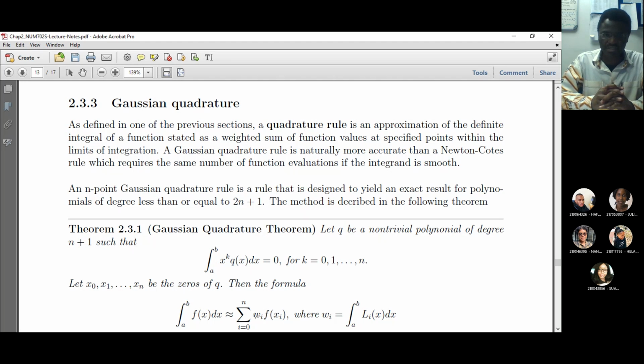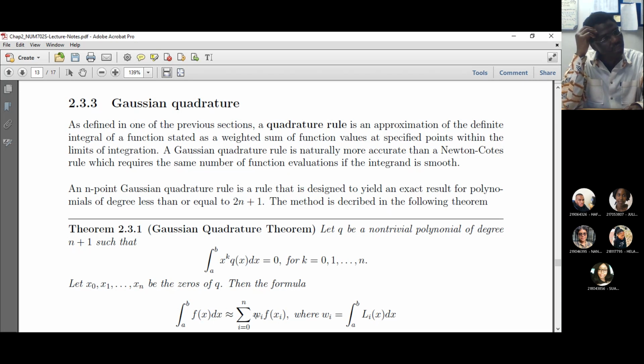What else from there? Then the recursive trapezoidal rule. In the recursive trapezoidal rule, we still use our composite rule, but here the difference is that the number of subintervals is now a power of 2.